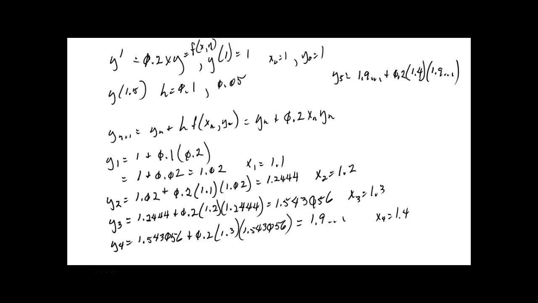You wrote it a little different. I got 0.1 times 0.2 times 1.1 times 1.02. Say that one more time. 1.02 plus 0.1 times 0.2 times 1.1 times 1.02. Oh, that's where we messed up.